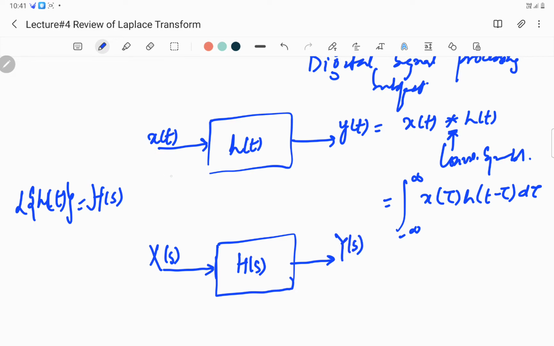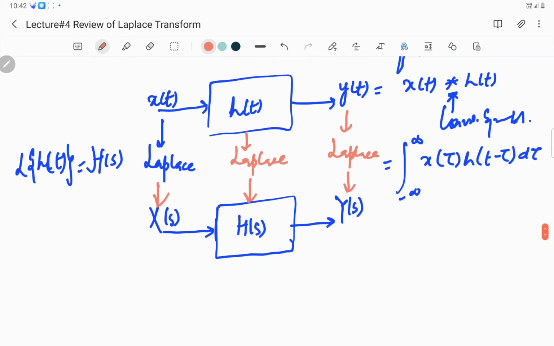So x(t), we apply Laplace and we get X(s). h(t), we apply Laplace and we get H(s). y(t), we apply Laplace and we get Y(s). Now, x(t) and y(t) are related by this expression: y(t) is x(t) convolved with h(t).